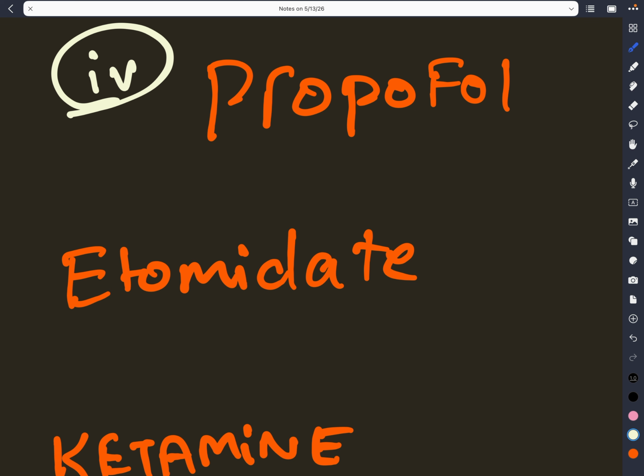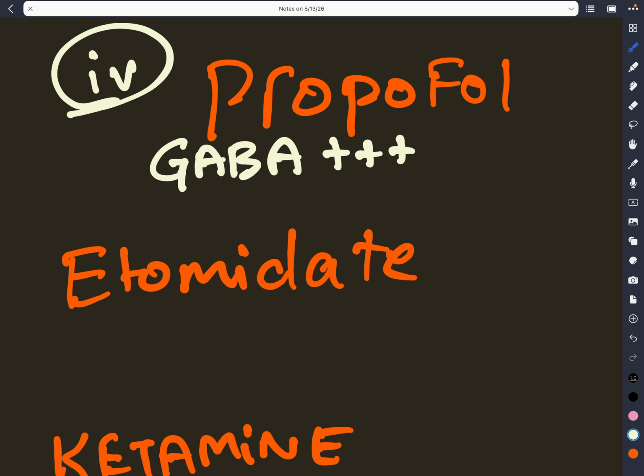Propofol. What is the mechanism of action? It potentiates GABA. However, it also inhibits NMDA. Propofol potentiates GABA just like alcohol, and it inhibits NMDA.